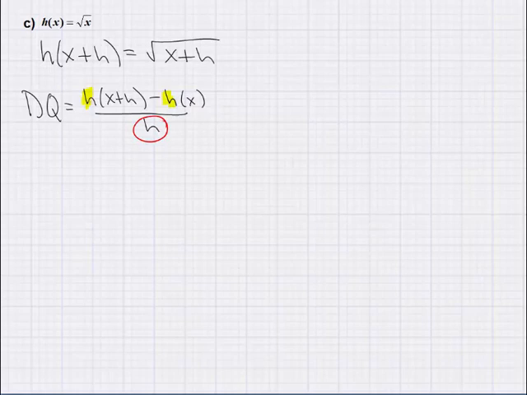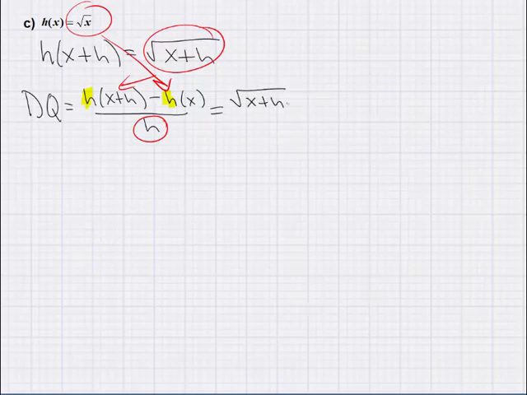This is the h that's the name of the function, and this is just the h from the difference quotient. So anyway, what are we going to do? We're going to take this and plug it in here. We're going to take this and plug it in here. And we're going to get square root of x plus h minus the square root of x all over h.